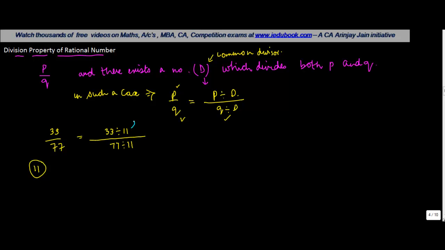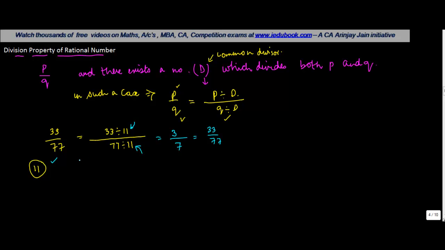So in my case, 11 is actually the common divisor, right? So as I divide 33 by 11, I will get 3. As I divide 77 by 11, I will get 7. And 3 upon 7 will be equal to 33 upon 77, right?